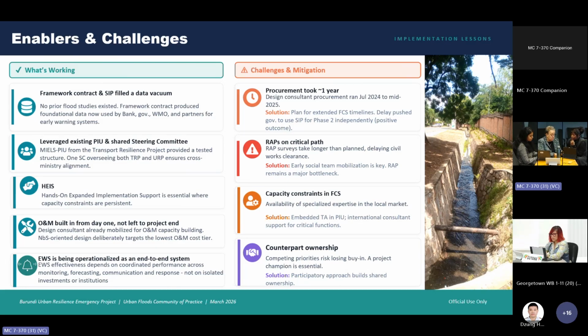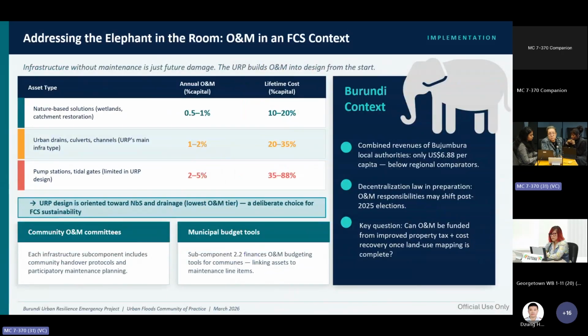As well, a major constraint is that of counterpart ownership, recognizing that delivery is not driven only by the quality of analytics, and it's driven by how you structure procurement, how you sequence investments, and how we can support implementation capacity at the outset.